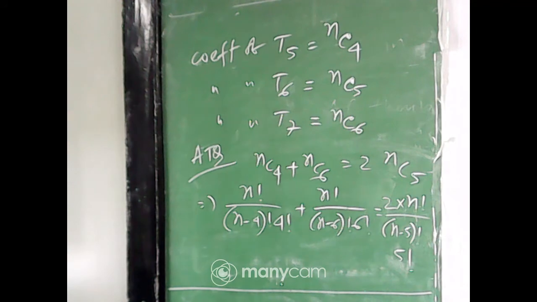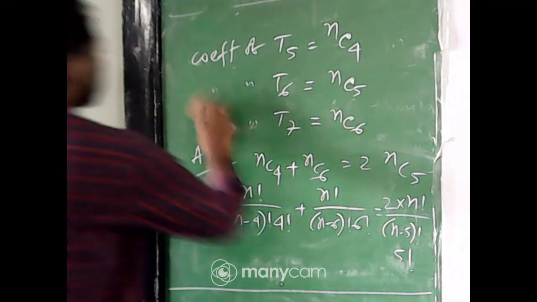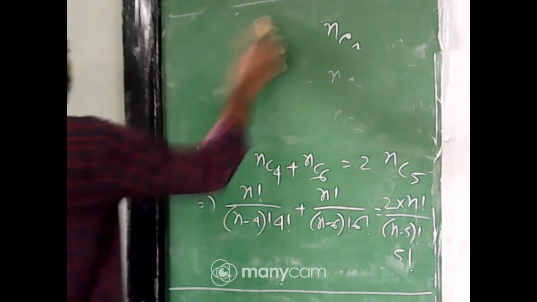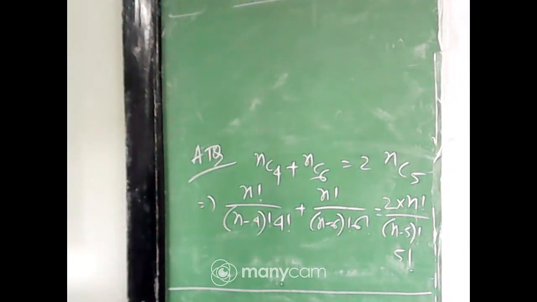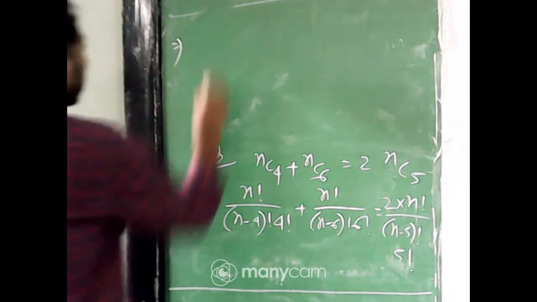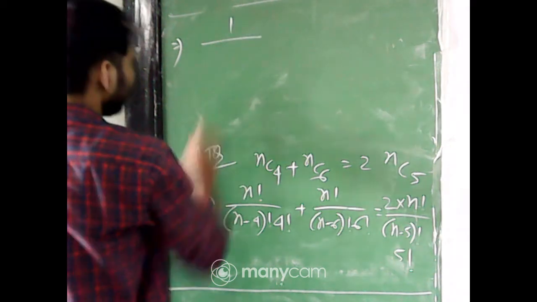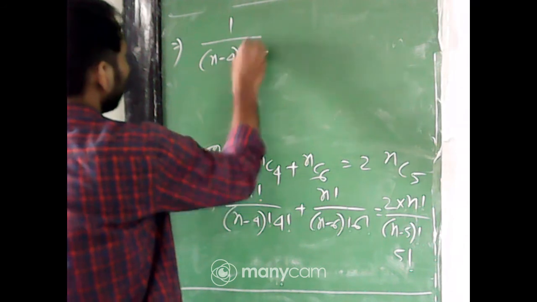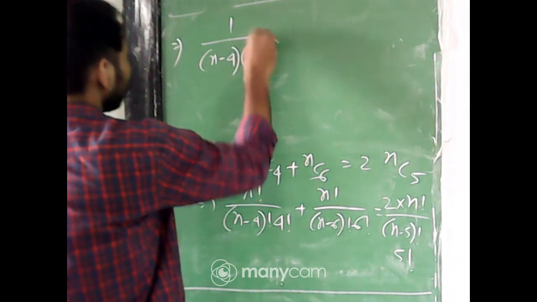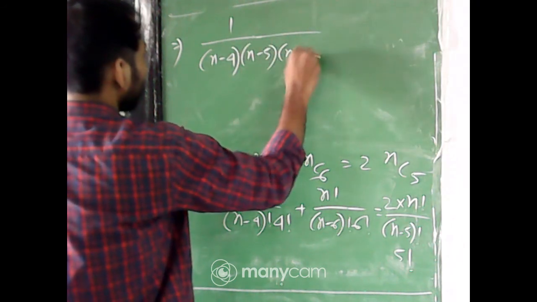Okay. So n factorial will be cancelled out from the numerators. That means 1 by n minus 4 into n minus 5 into n minus 6 factorial.